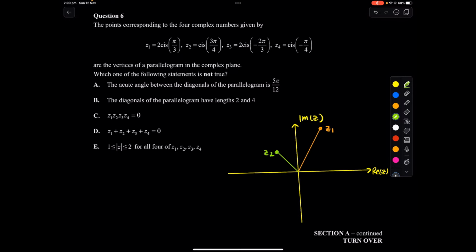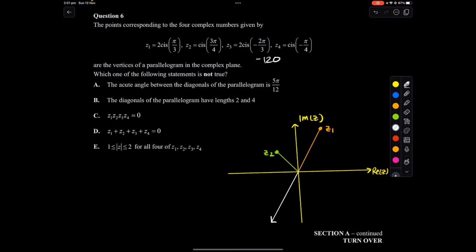The next one is Z3, which is white. It has a length of 2, and it's from -2 pi on 3. So -2 pi on 3 is negative 120 degrees. If I know that this is 90, approximately it would be around here, but then it will be reflected, so it will be around here.